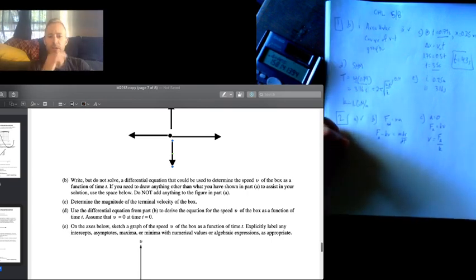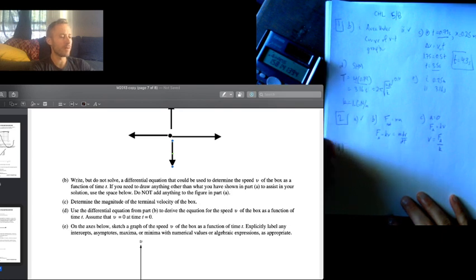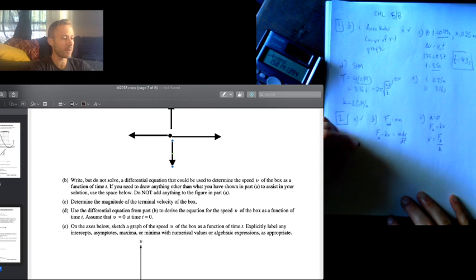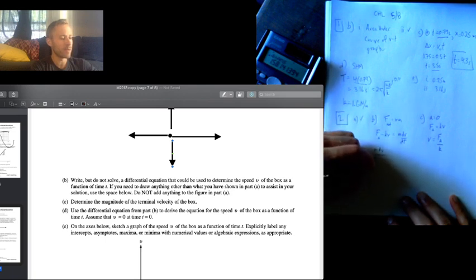Part D, use the differential equation to derive the equation for the speed of the box as a function of time. So once again, I want to separate variables. So I have dt equals m dv divided by F_A minus kv.